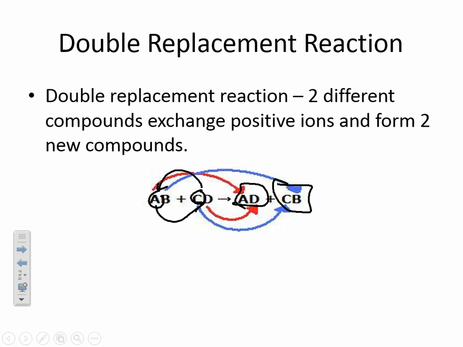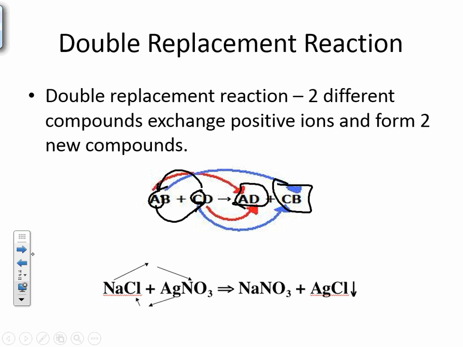In a double replacement, you have 4 elements or compounds, 2 of which are switching spots. Now we're going to work with these because these can be tricky. We're going to do a couple labs on these. I'll do a couple demos with these because these are very common types of chemical reactions. So single replacement, 1 thing is switching. Double replacement, 2 things are switching.